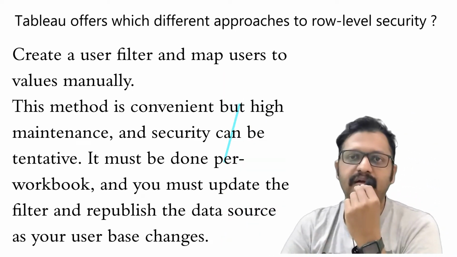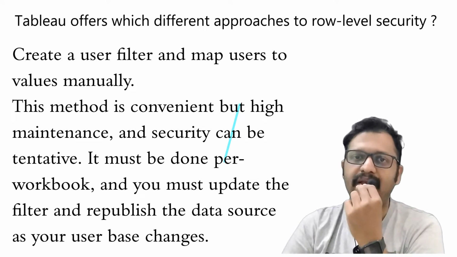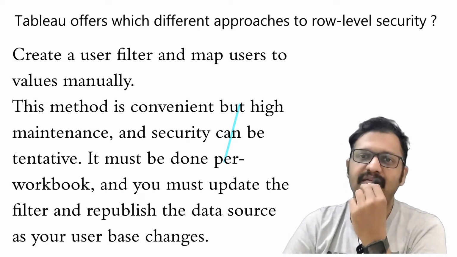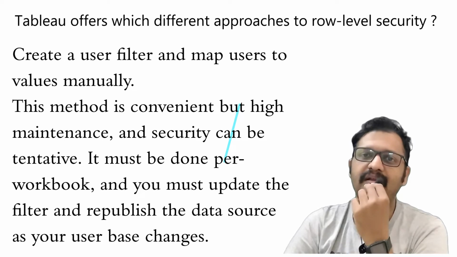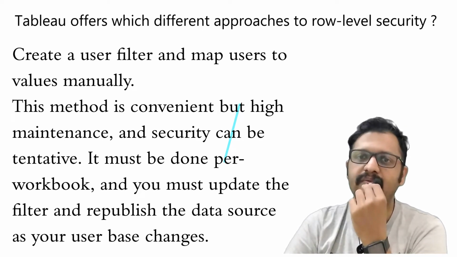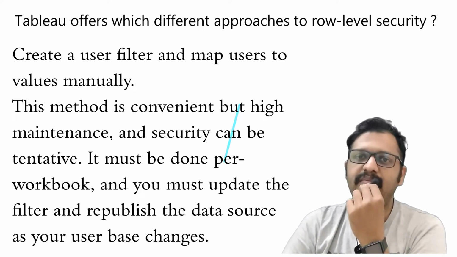Create a user filter and map users to values manually. This method is convenient but high maintenance, and security can be tentative. It must be done per workbook, and you must update the filter and republish the data source as your user base changes.